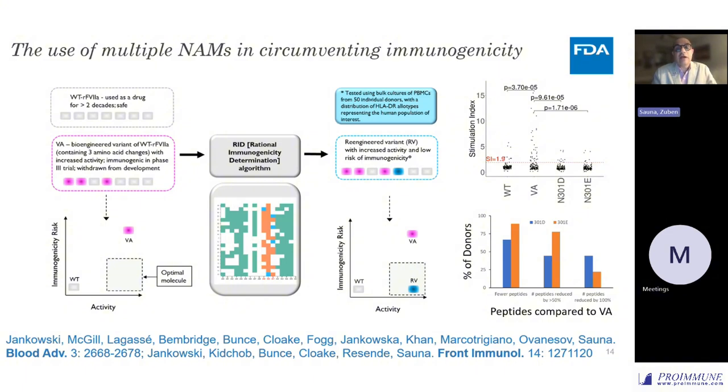But this graph shows you very clearly that the vitropatog alpha compared to the wild type protein was much more immunogenic in terms of stimulation index in an in vitro assay, and the variants designed are much less immunogenic. And again, this entire workflow has essentially been designed using a variety of NAMs, and it completely bypasses any kind of animal study.